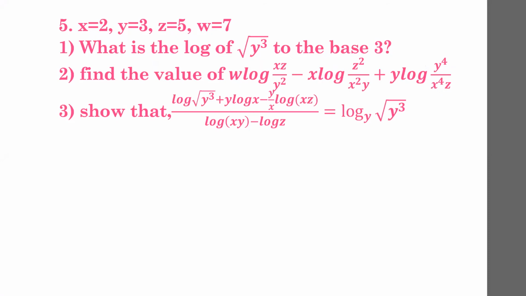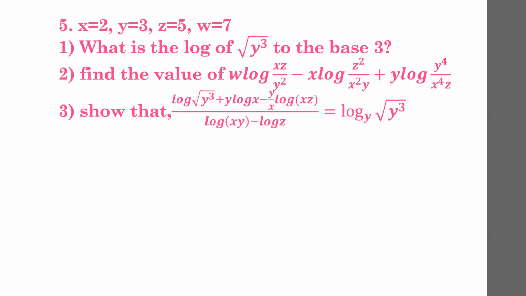Our next math is number 5. Given that x equals 2, y equals 3, z equals 5, and w equals 7, number 1 is what is the logarithm of square root of y cube to the base 3. Number 2 is find the value of w log xz by y square minus x log z square divided by x square y plus y log y to the power 4 divided by x 4 z.